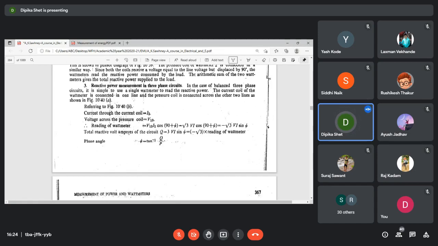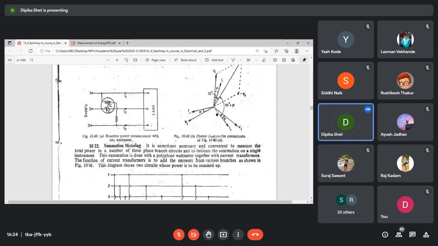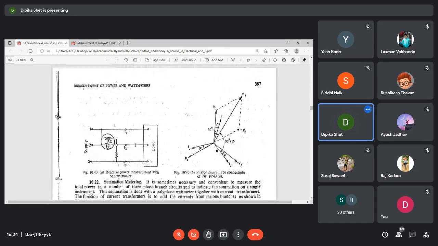Therefore, the total reactive volt ampere of the circuit is 3 V I sin phi, which equals minus root 3 times the reading of the wattmeter. And the phase angle phi is tan inverse of Q upon P. So this is all about reactive power measurement.